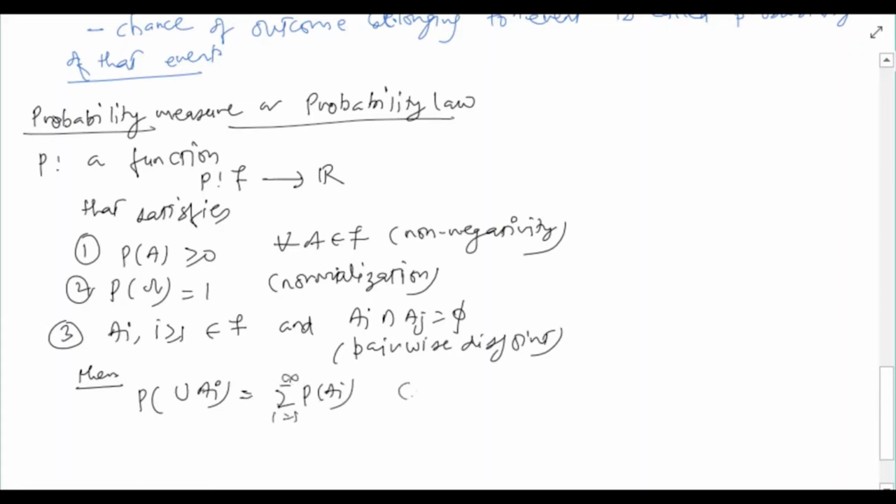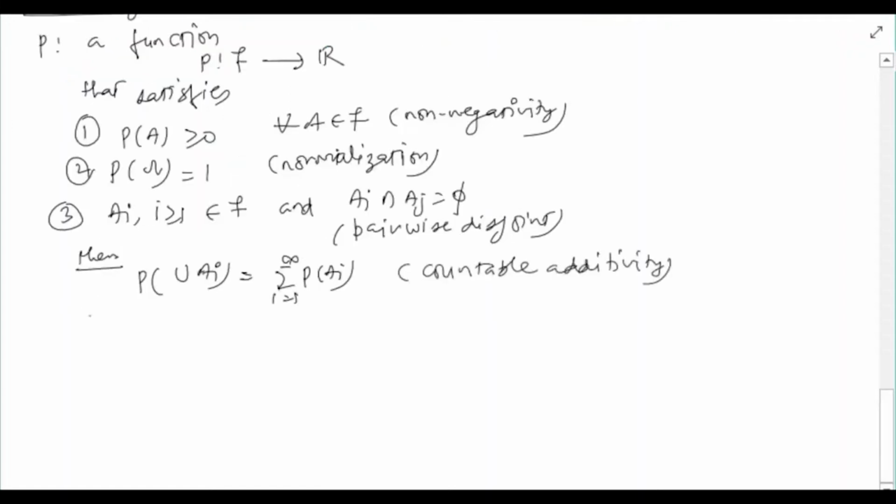This property is called countable additivity. The above three properties together are also referred to as axioms of probability.